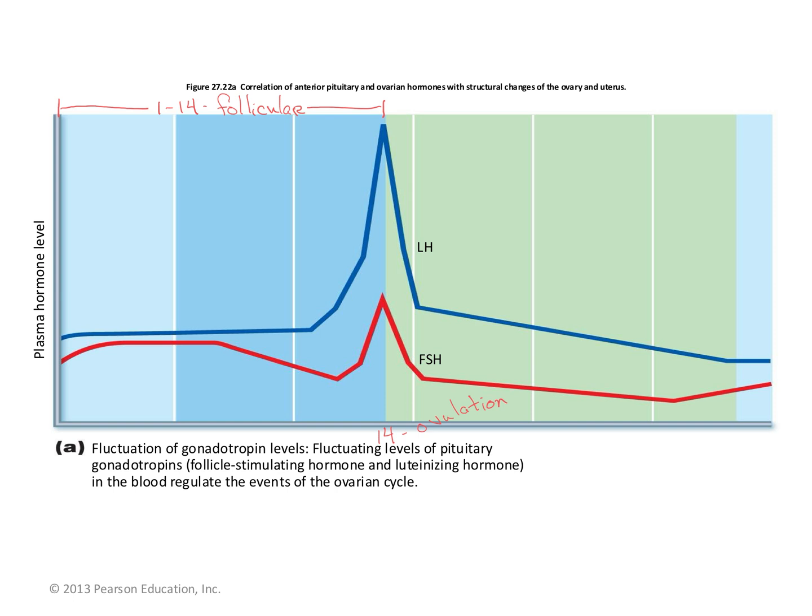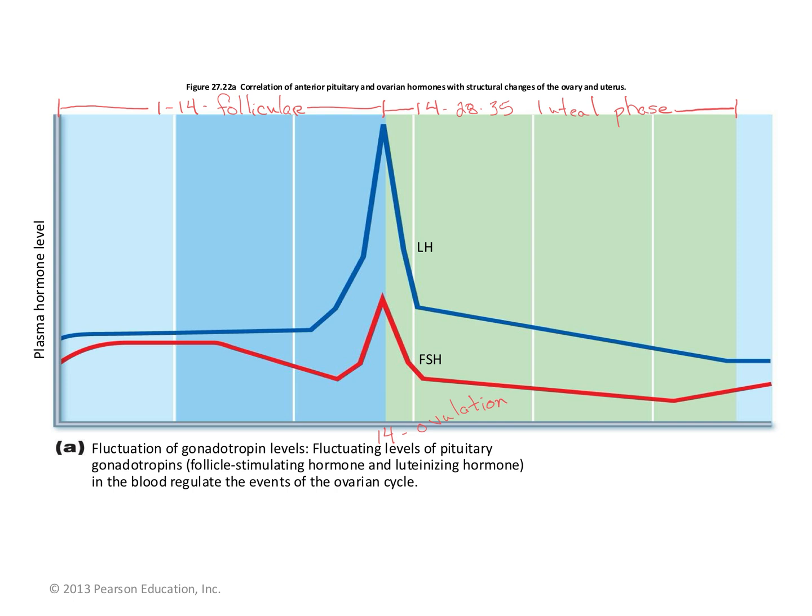And then from day 14 until the end of the ovarian cycle, which can be in between 28 and 35 days, you have the luteal phase, which is where the corpus luteum is active.